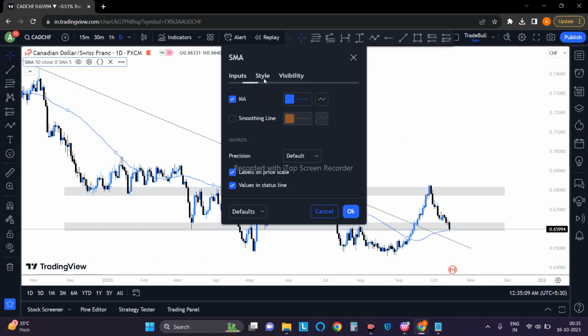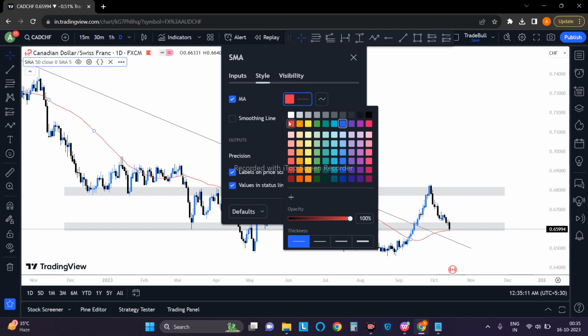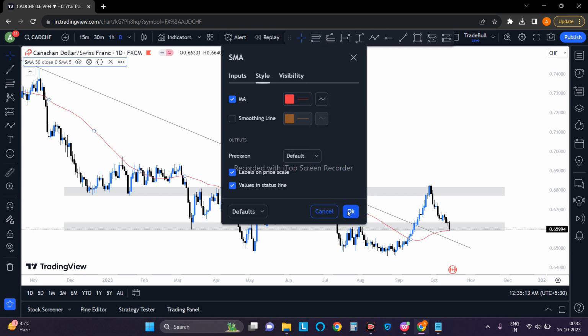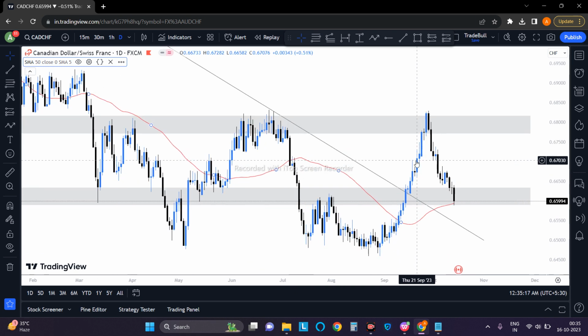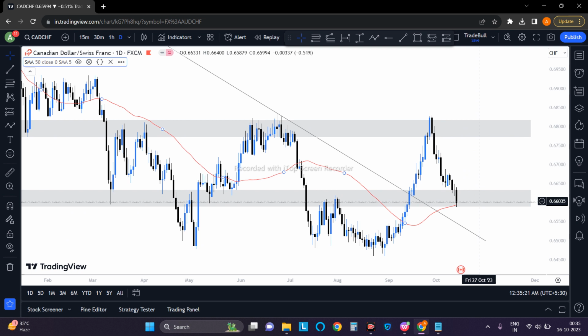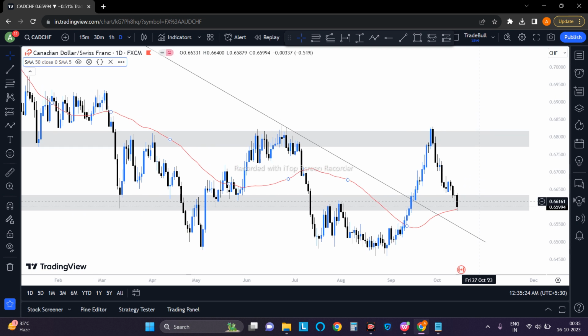Let me change the color for better visibility. This would be best. So there you have it. You can clearly see that price is also testing the 50 moving average, and from my trading experience, I have seen that whenever price tests this moving average, it has very high potential to move in the opposite direction. Obviously it's not a guarantee, right?